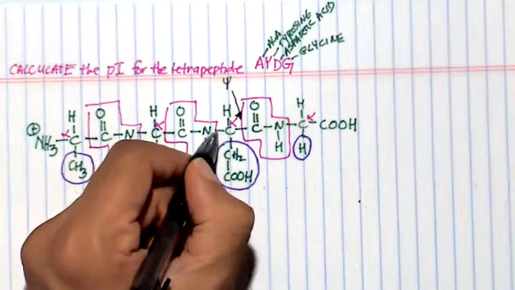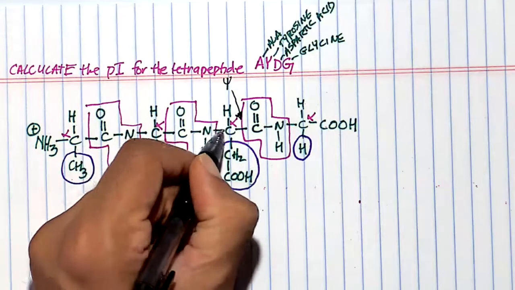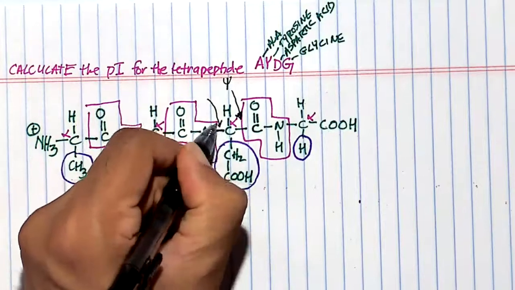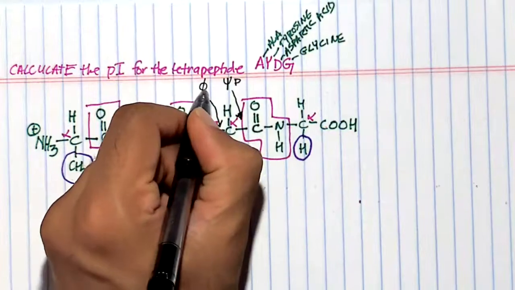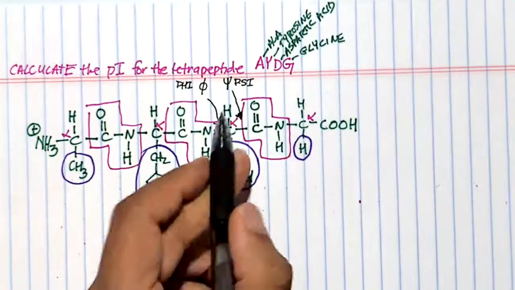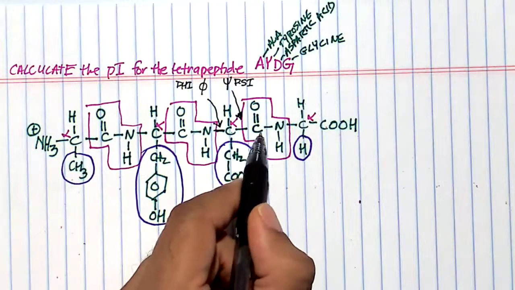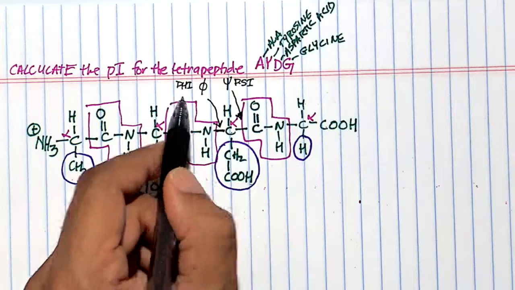The alpha carbon with the NH group, this bond rotation defines the amino acid phi. Okay, so this would be phi, and this would be psi. So once again, the alpha carbon to the C double bond O is psi. The alpha carbon to the NH group is phi.